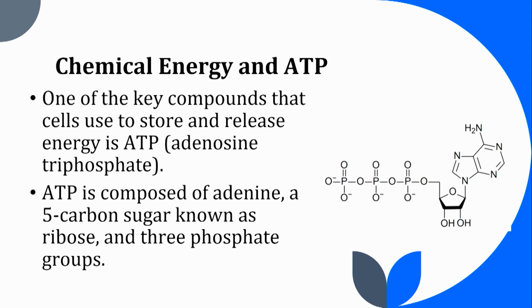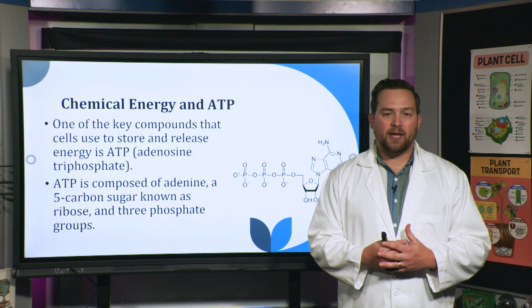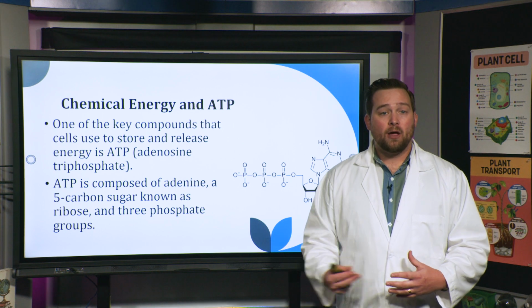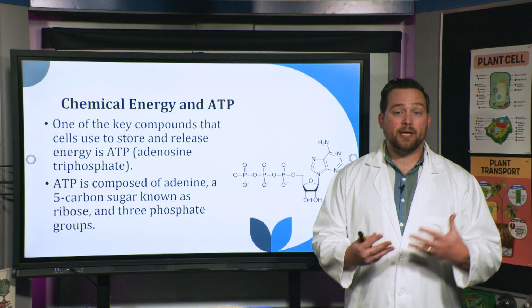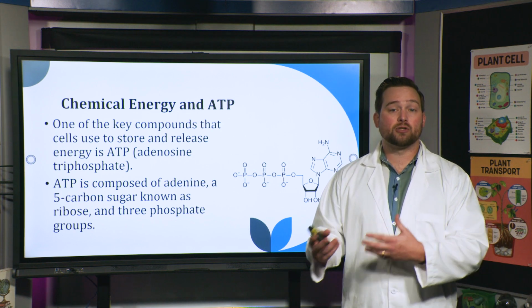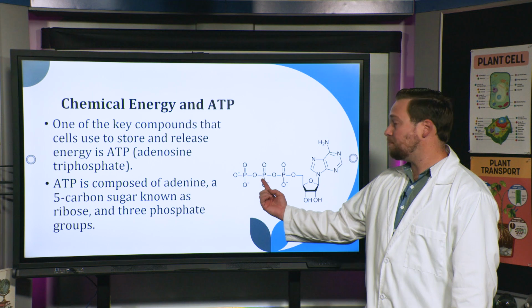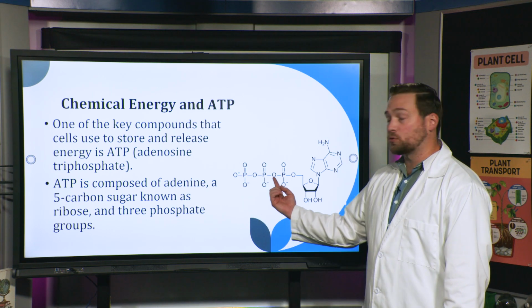That prefix, tri, does that make you think of anything? When I see triphosphate, I'm thinking of things like a tricycle and a triangle, right? What does tri mean? Tri means three. Here we have three phosphates, so adenosine triphosphate, three phosphates. If you look real close here, there are three P's. Each of these P's is a phosphate, and you can see that there's three of them.